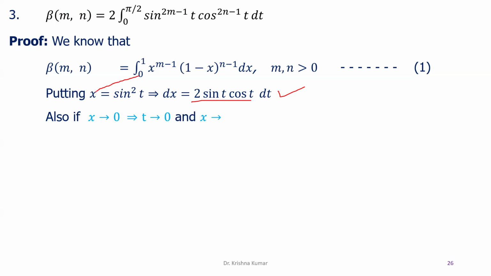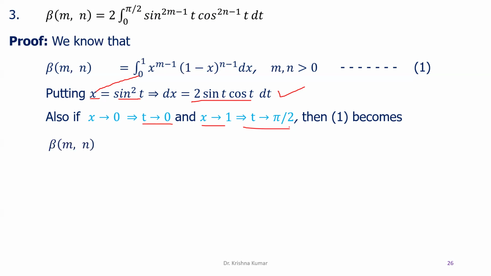If x tending to 0, then sine square t equal to 0, which is equal to sine 0. So it gives us t equal to 0. And if x tending to 1, then sine square t is equal to 1, which can be written as sine pi by 2. So when x tends to 1, t tends to pi by 2.